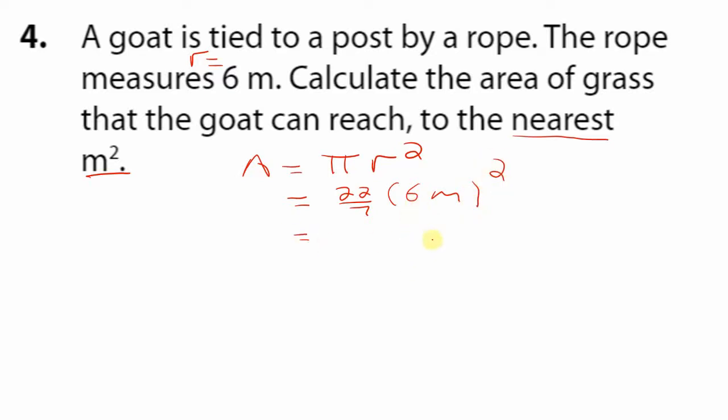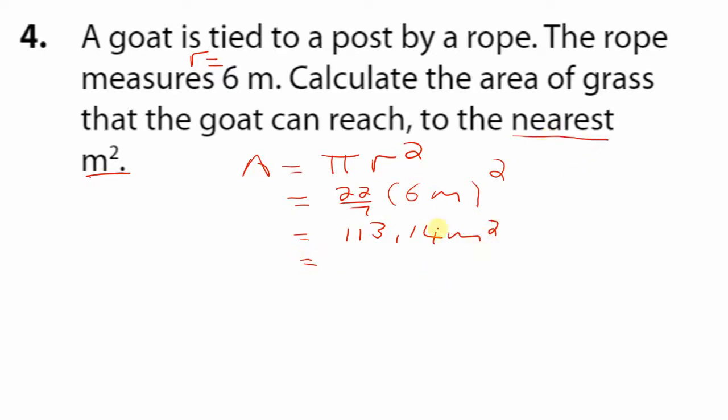6 times 6 is 36. So in fact it is 36 times 22 divided by 7, which will result in 113,14 meters square.